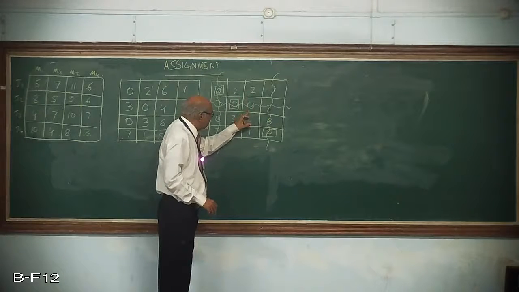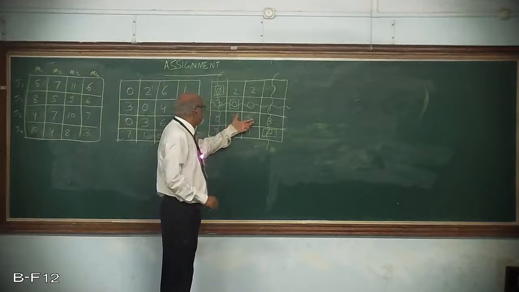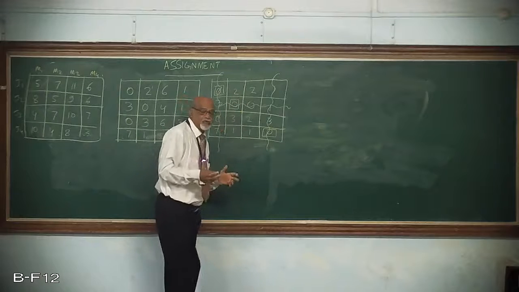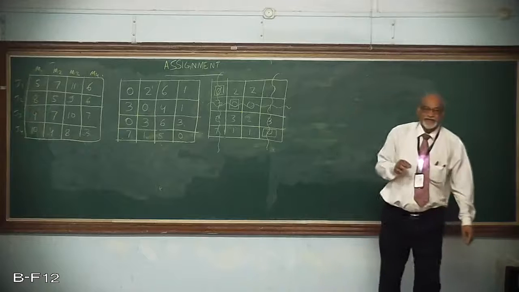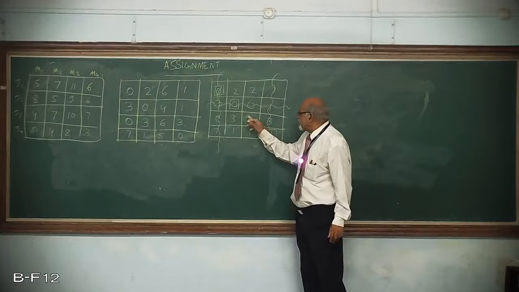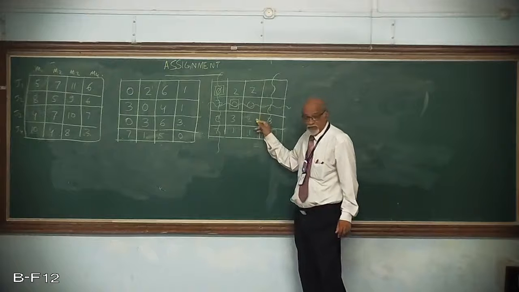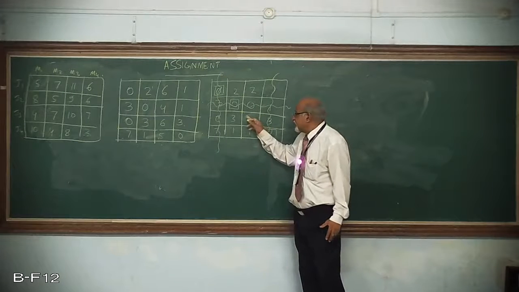Either the third column or the third row has no assignment. Hence, what is to be done? To whom has it to be assigned? We don't know. Try to understand. So that is the crux. So in the previous example, we have seen, if I had assigned this one, what would have happened? That we have to see. Okay? Try to understand that.